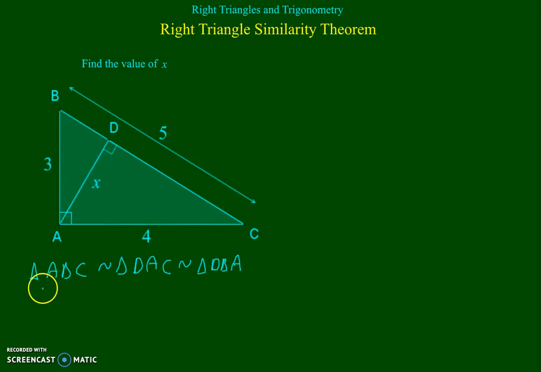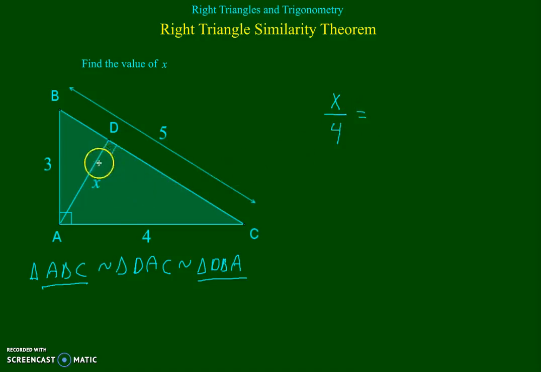And just so that we don't get messed up, I'm going to underline the two triangles that I'm using so that I can keep this straight. I'm going to start with x, and I'm going to start with the small triangle. So x is DA in the little triangle, which is the first and third vertices. That corresponds to AC. AC is 4.